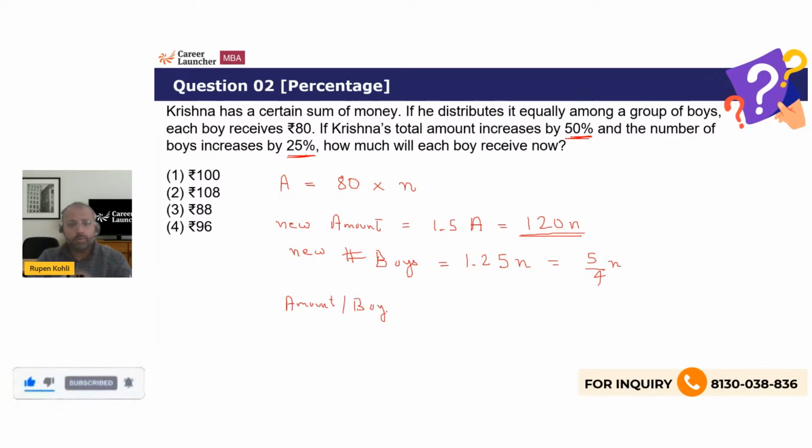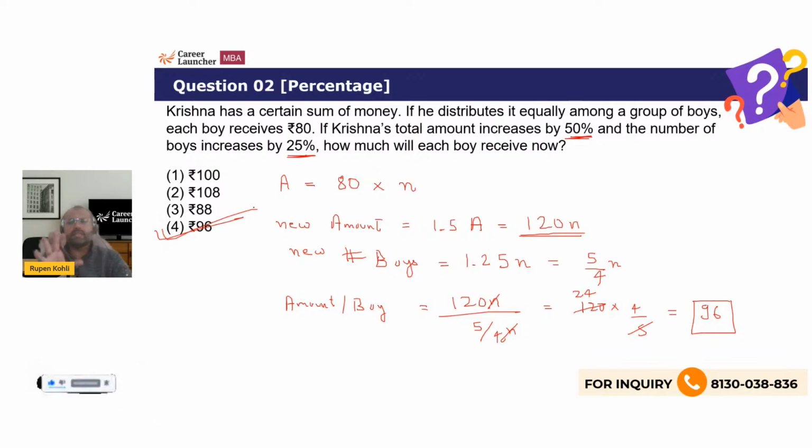Amount per boy is the amount, 120n, upon the number of boys, 5 by 4 n. n will cancel. 120 upon 5 by 4 means 120 into 4 by 5. 5 times 24 is 120, so 24 into 4 is 96. There is my answer, 96. Simple. Cakewalk, isn't it? So these are 30 to 45-second questions.